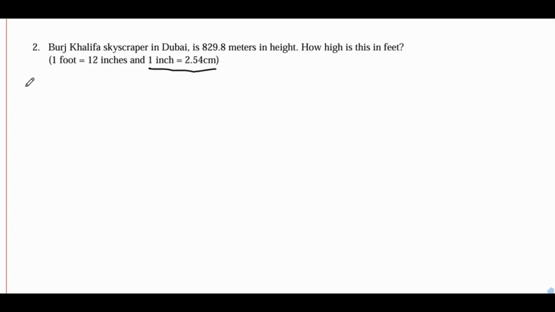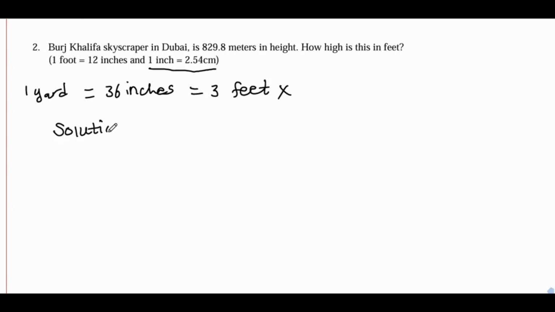Remember that 1 yard was equivalent to 36 inches, which tells us that 1 yard is equivalent to 3 feet. Because 1 foot is 12 inches, now 3 feet will be 36 inches. So 1 yard is 3 feet. Though we are not using this for now, just leave it, and we now have the solution here.